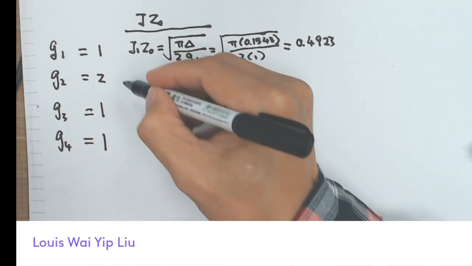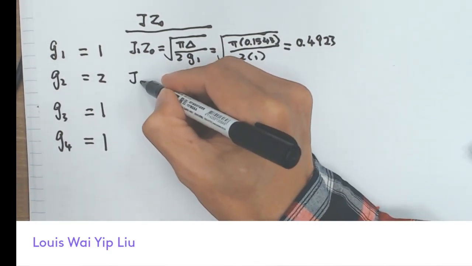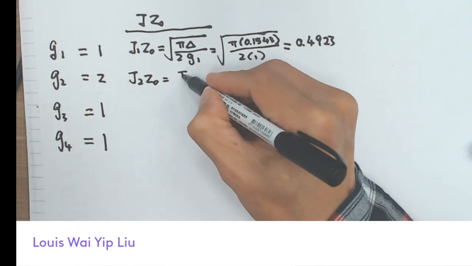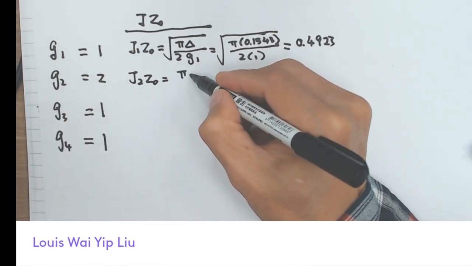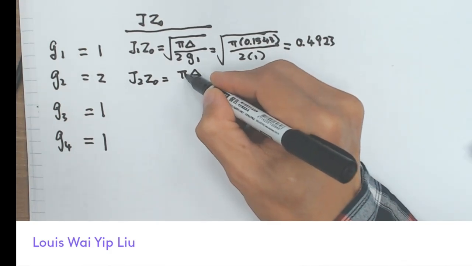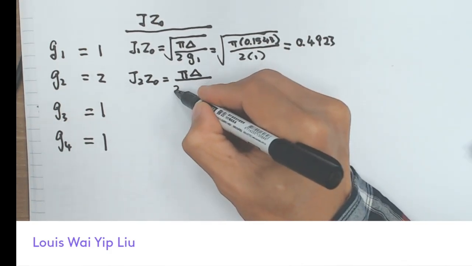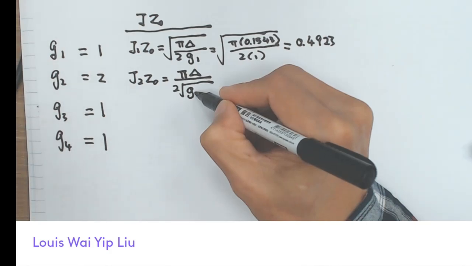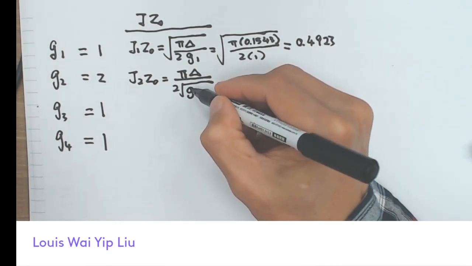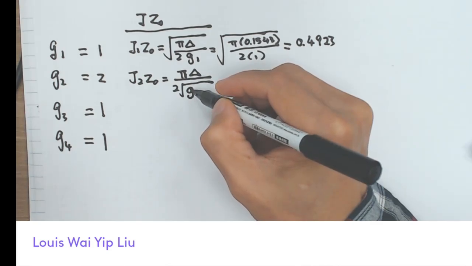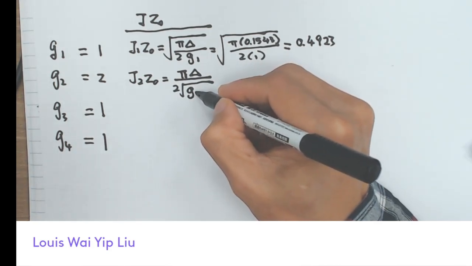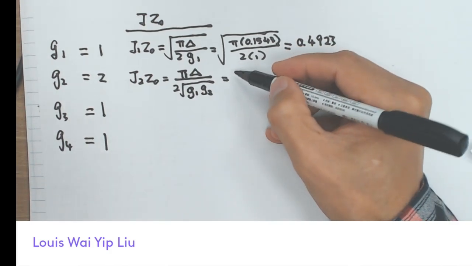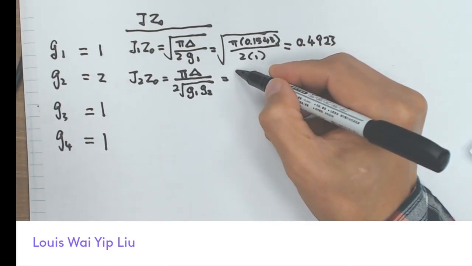Similarly, we are going to continue with this process. The formula is different for the middle stage, and it is going to be g1 and g2.